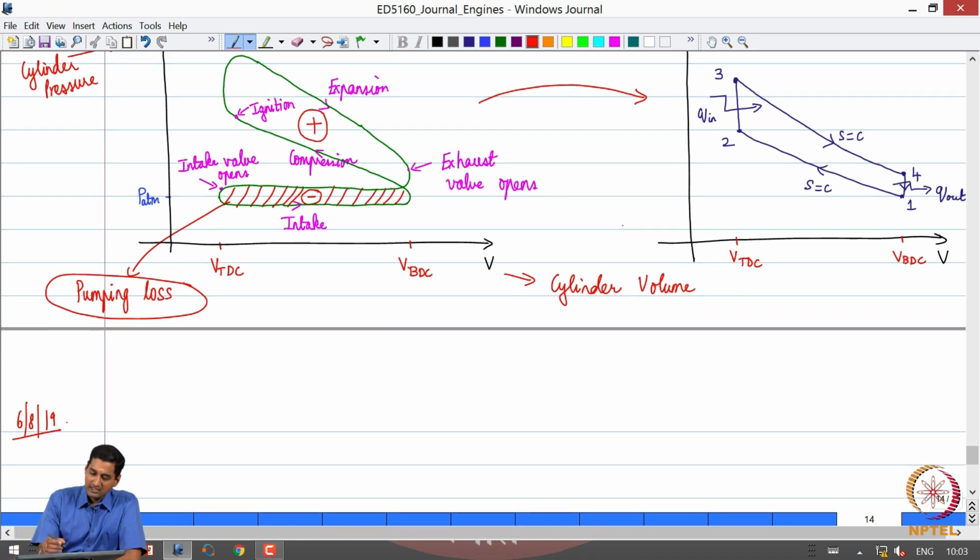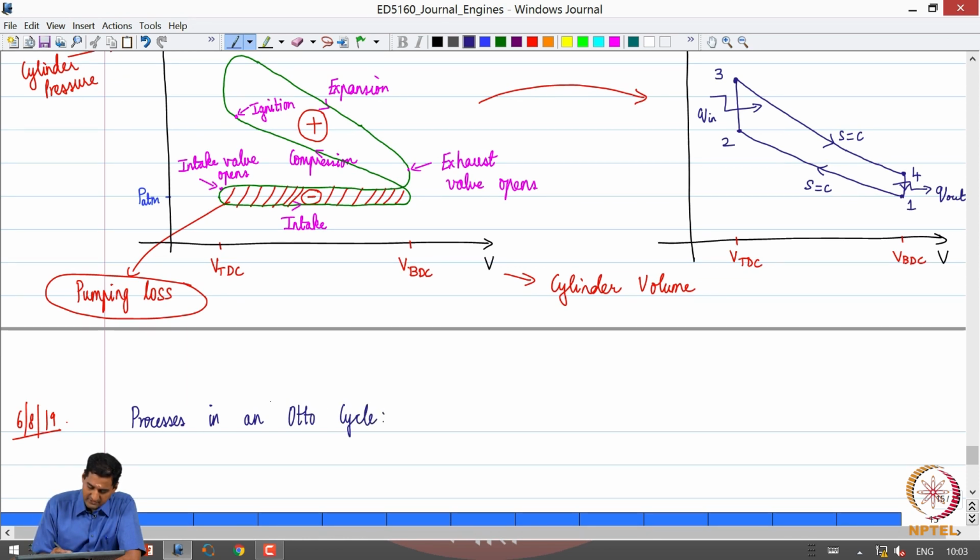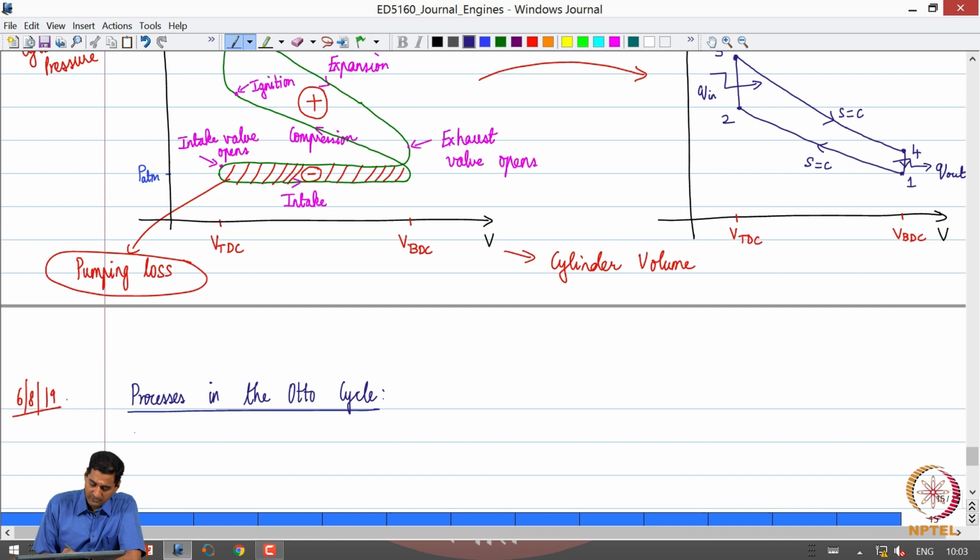So just to list all the processes in the Otto cycle: the process from 1 to 2 is isentropic compression.